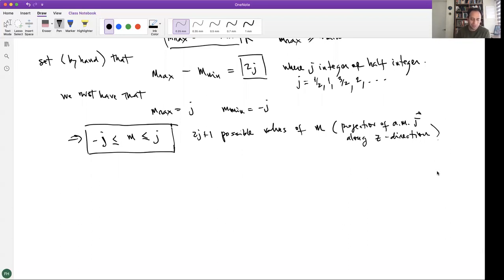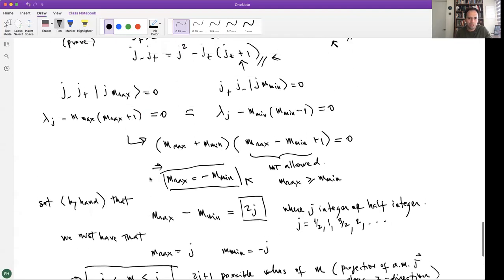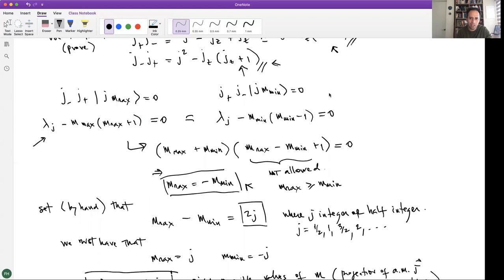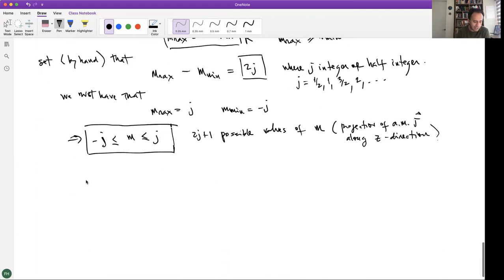Now, what is the value of lambda j? Let's go back to this relation. We can use any of these. Now that we have what the m minimum value is, for instance, we can derive an expression for lambda j. So, this relation, m minus m minimum minus 1 equal to 0, with m minimum equal to minus j, gives us that lambda j is equal to j times j plus 1.